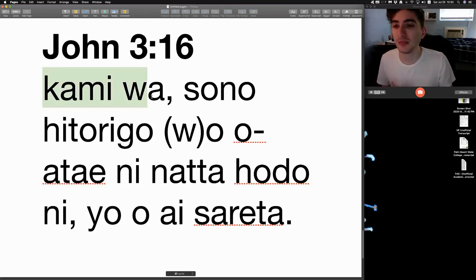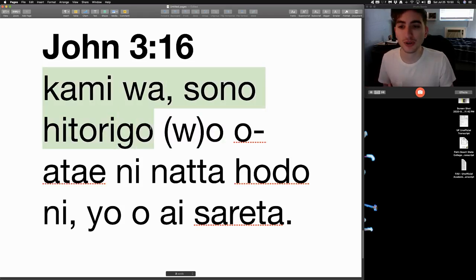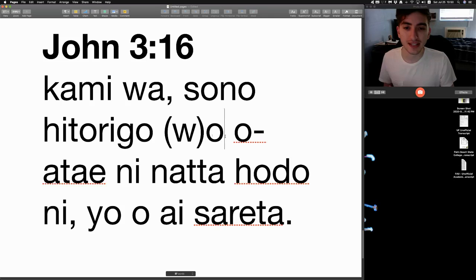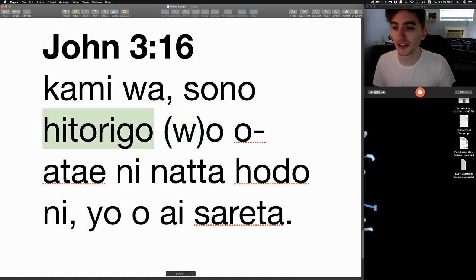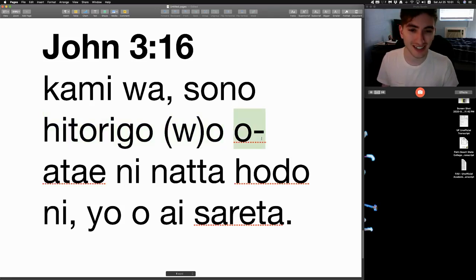Kami wa sono hitori go o. And again, this o is a grammar function. It tells us that the thing before it, the only child, is the object of a verb. Where is the verb? Well, it's coming right here.